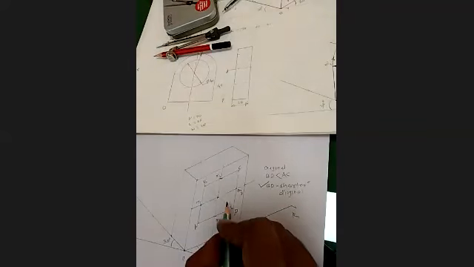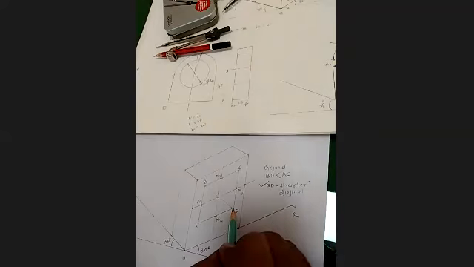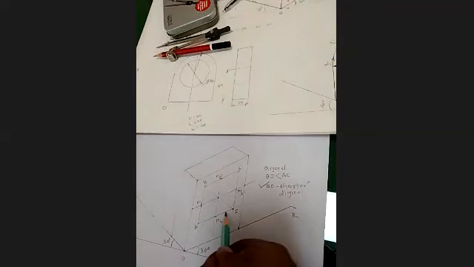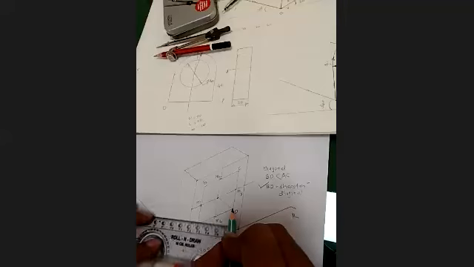Now you do one thing: join midpoints opposite to the shorter diagonal corners. Okay. For D point, which one is the opposite midpoint? Which two midpoints are there opposite to D? Respond. Hello.